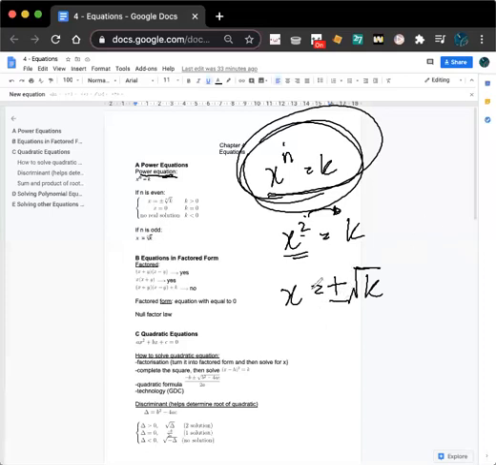Because as you can see, if you have a positive number, for example 1, and you square it, it becomes positive. But if you have a negative number and you square it, it also becomes a positive number. And it always happens when the exponent is an even number.